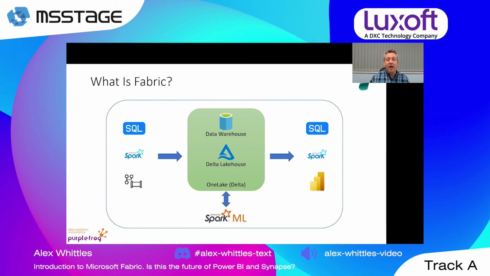You can run your ML workload in Spark against your OneLake data in your warehouse or lakehouse. And then you can get data out of it through SQL, through Spark, through Power BI. Because it has a SQL interface, anything that can connect to a SQL interface can query either your lakehouse or your warehouse.